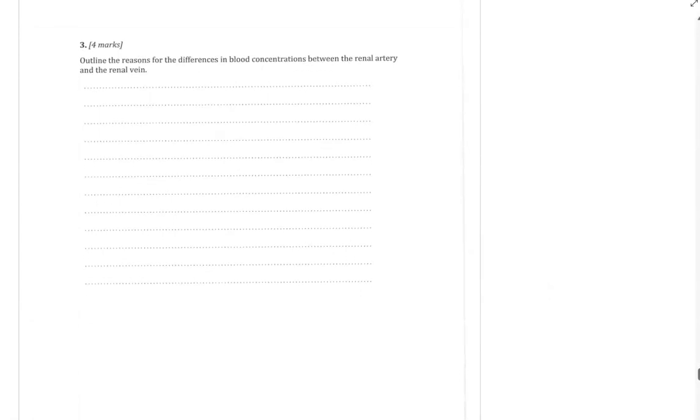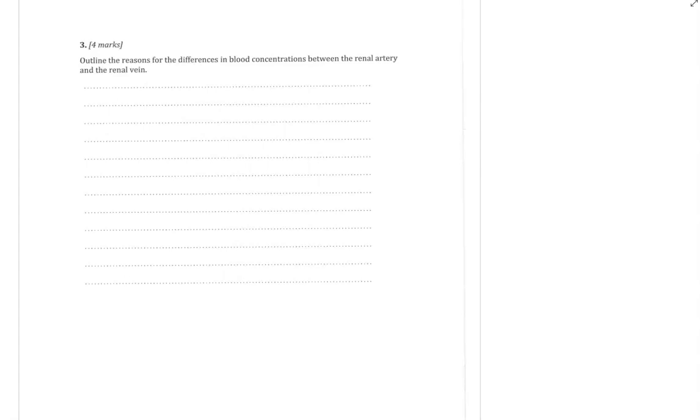Okay, question 3. Outline the reasons for the differences in the blood concentrations between the renal artery and the renal vein. This, or variations of this, is weirdly common, given that of course there's going to be a difference in the concentration between the renal artery and the renal vein.